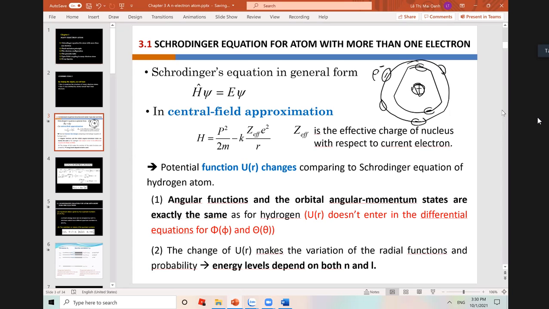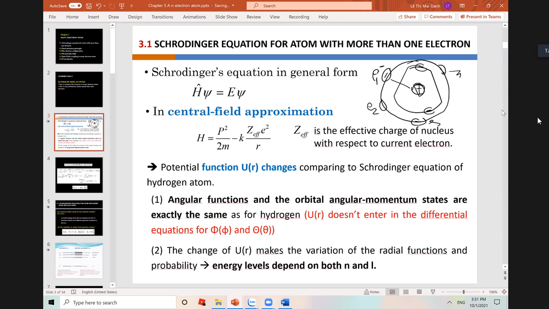Besides the potential function between the electron and the nucleus, you need to consider the potential energy between this electron and the other electrons, E2, E3, E4, and many other electrons in this atom.